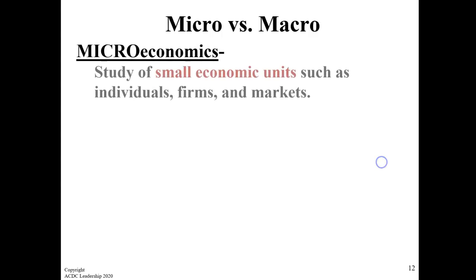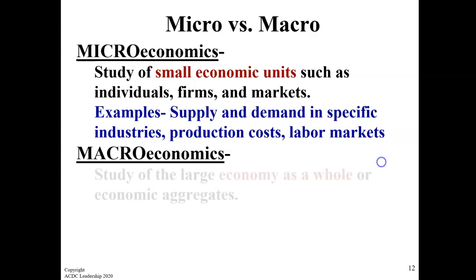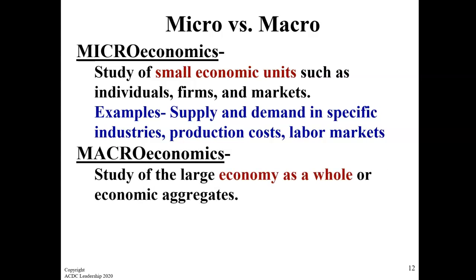In microeconomics, we study small economic units such as individuals, firms, and markets. Examples are supply and demand in specific industries, production costs, and labor markets. Macroeconomics is the study of the larger economy as a whole.